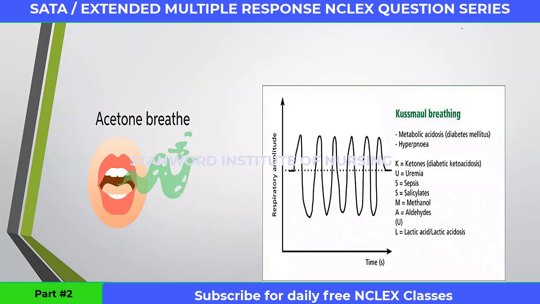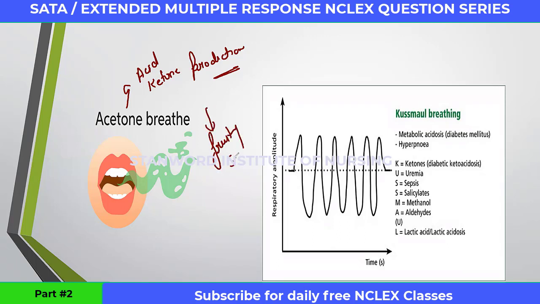Second will be the acetone breath. I have explained you, it is due to the excessive acid, like ketone production. When excessive acid ketone production occurs, it leads to a fruity smell, a fruity smell like breath.